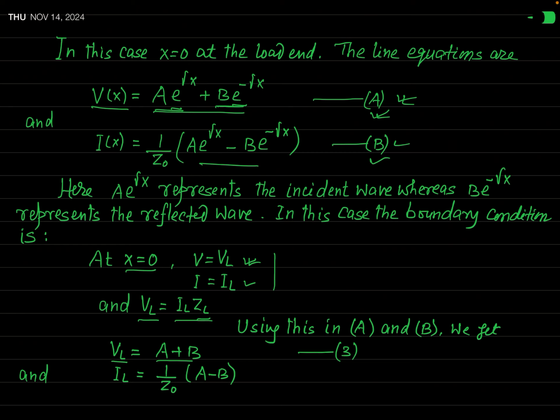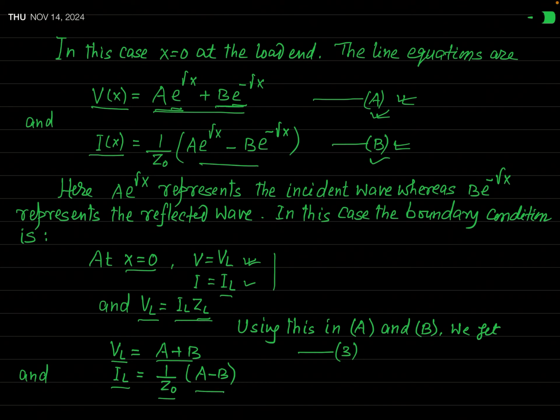So our first equation will be VL equal to A plus B. Now apply the same boundary condition on equation B: take x equal to 0 on the RHS, and on the LHS instead of I write IL. So this will be IL equal to 1 over Z0 times A minus B.